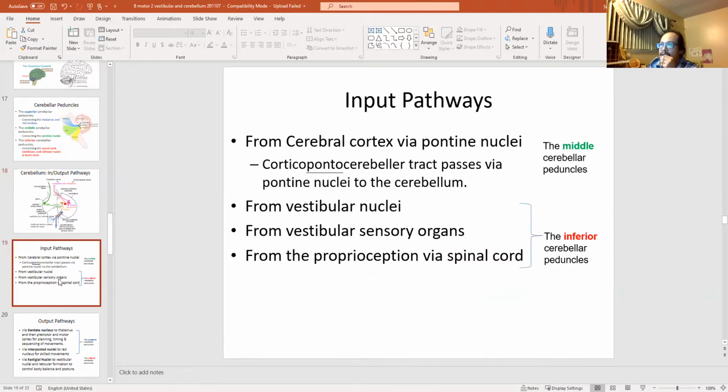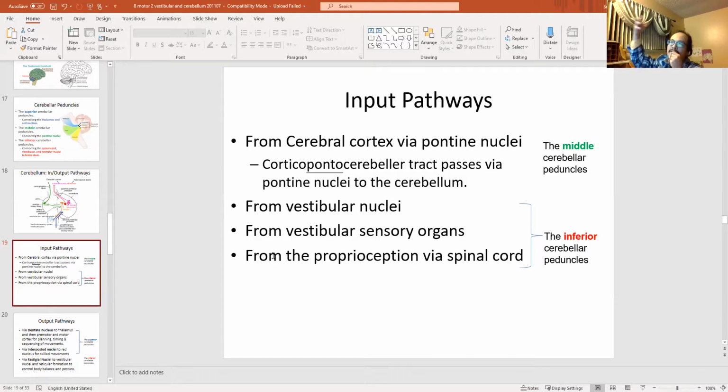So let's summarize the input pathway, including the input signal from the cerebral cortex via pontine. So it goes through the cortical ponto cerebellar tracts, passing via the pontine to the cerebellum. We also have signal from the vestibular sensory organ and from the proprioception via the spinal cord. So these are the inputs.